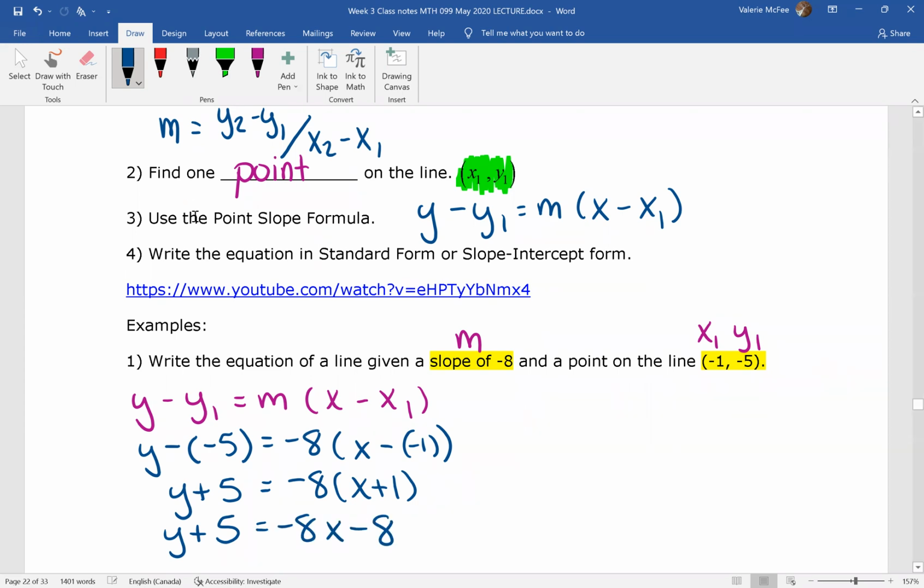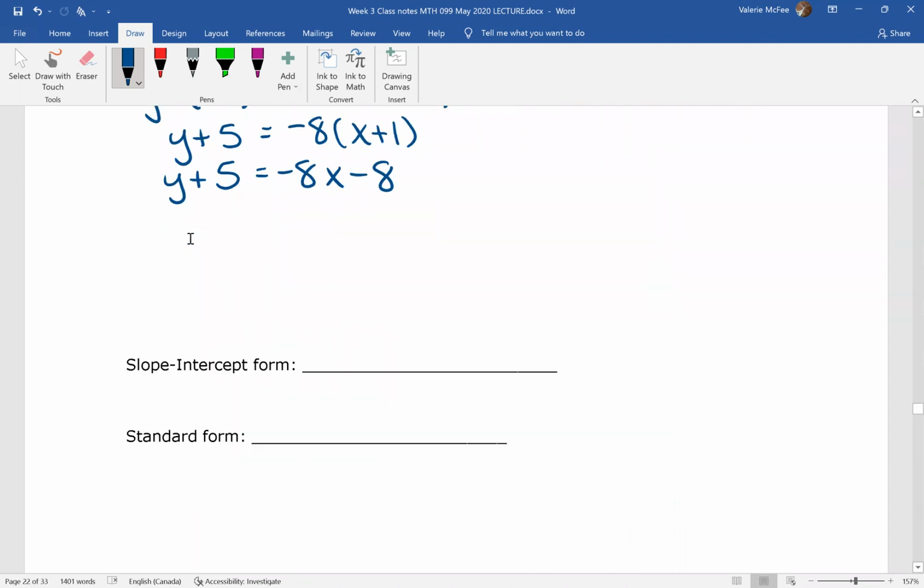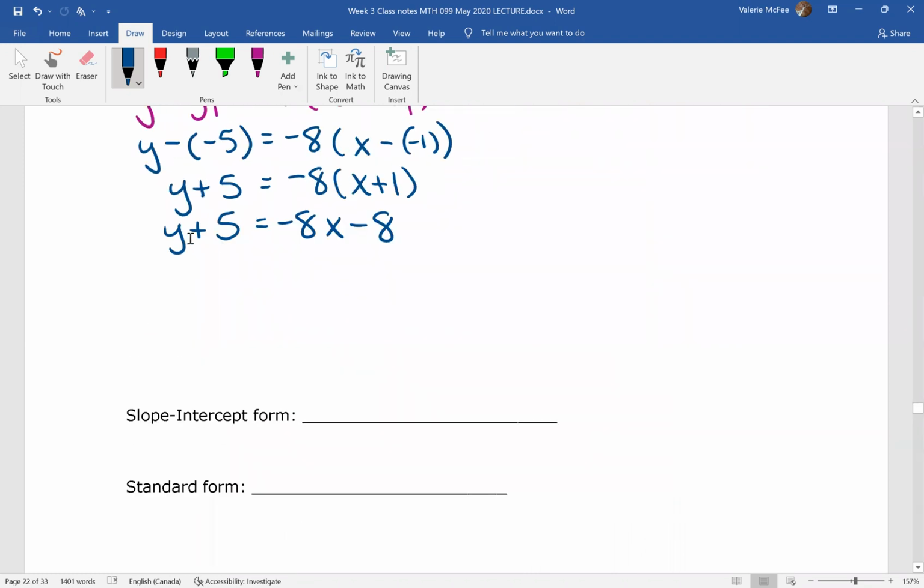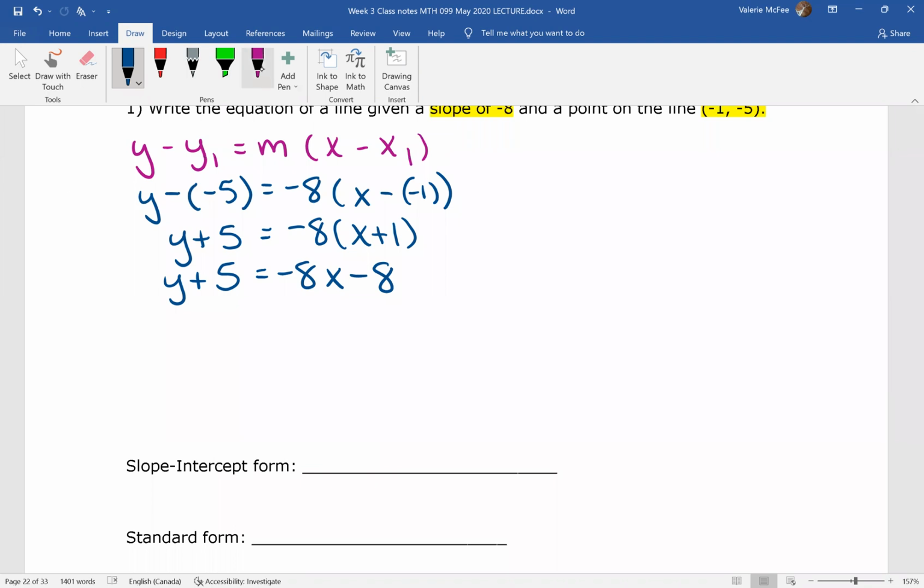All right, what form do we need? Both of them. Okay, let's start with slope-intercept form. Remember slope-intercept form? That's y equals mx plus b. Y equals, oops, why did I put plus? That should be minus. I hope you all did that correctly.